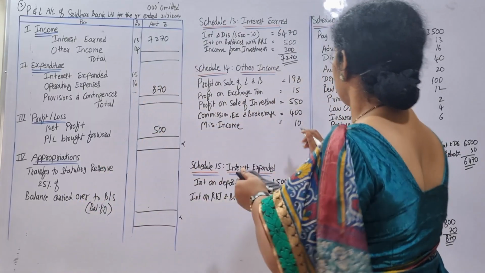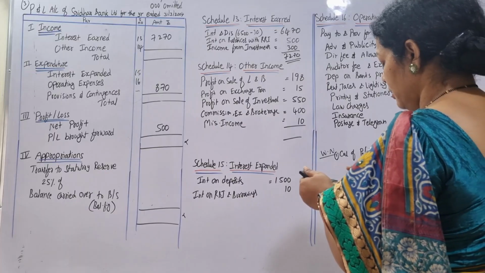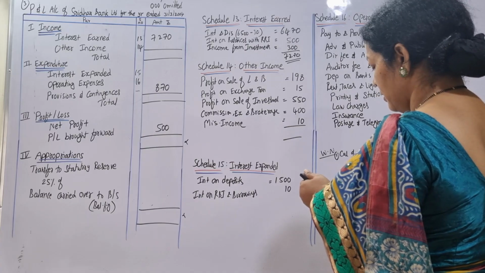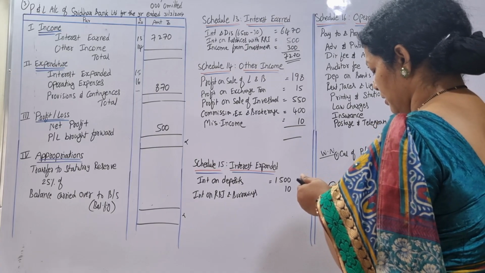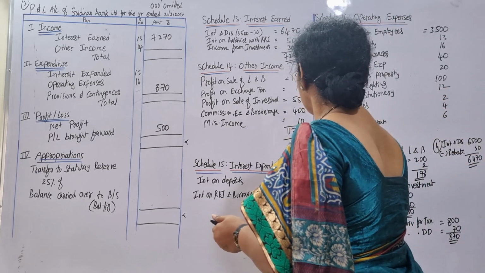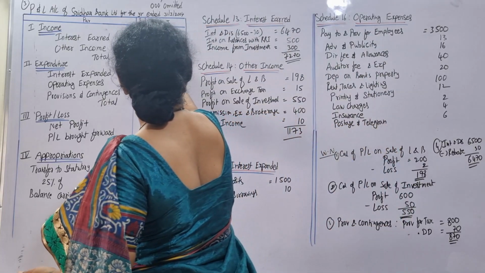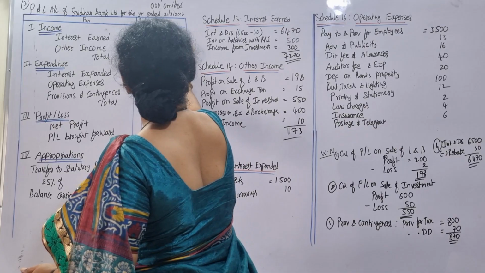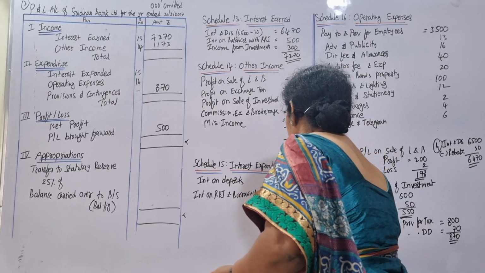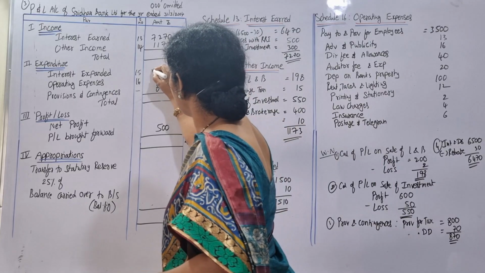Second one, 1170, 198, 15, 550 and 410 comes to 1173. Schedule number 14, so we'll write here 1173. And here 1510.